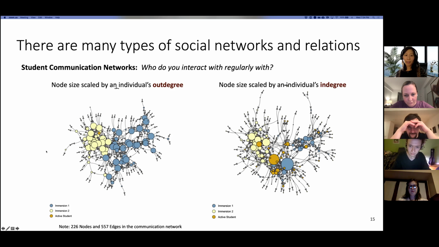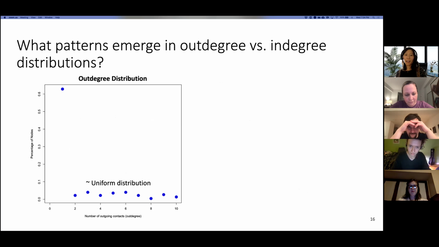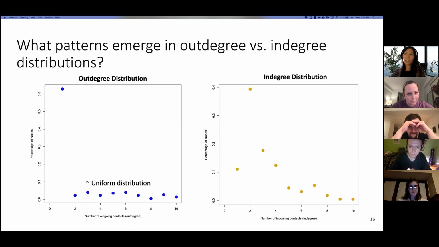And if you plot that distribution, usually the out degree and the in degree distributions look pretty different. These figures show the number of contacts on the x-axis, and the y-axis is the percentage of nodes.